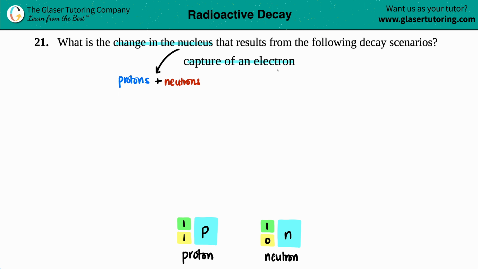Okay, so an electron is the easier way of saying a beta particle. But electron and beta particle, tomato, tomato, right? Whether you want to write it in nuclear notation as an e for electron or a beta, it doesn't matter.